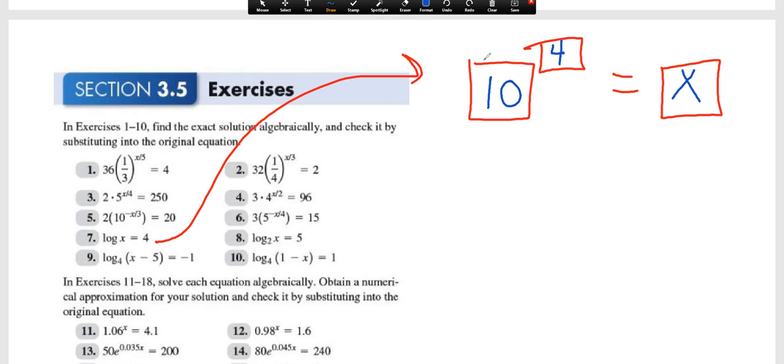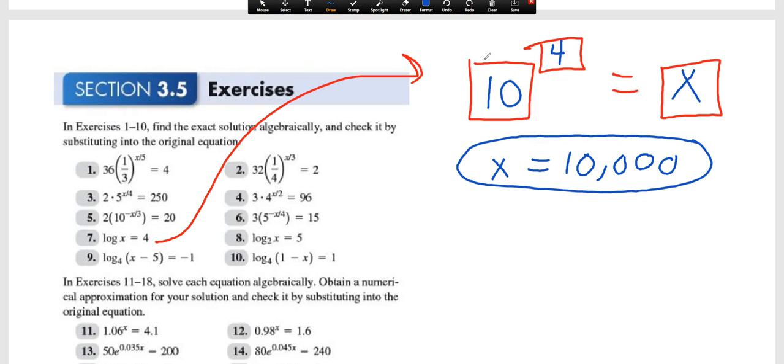Base is 10, exponent is 4. Those of you who are questioning that, remember, logarithm equals exponent. That's why the 4 is your exponent. And I hope we know what 10 to the 4th is, right? 10,000. That whole 1 with 4 zeros thing.